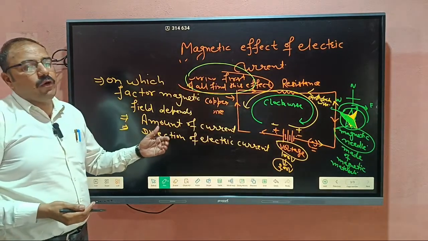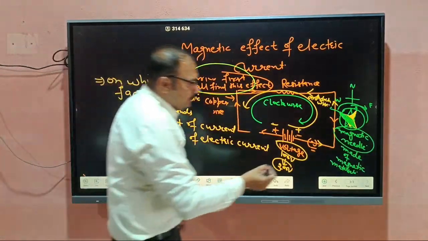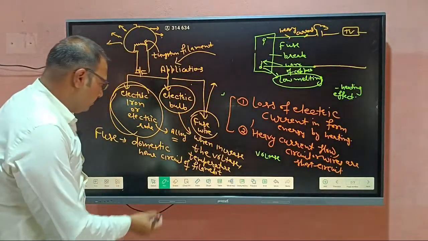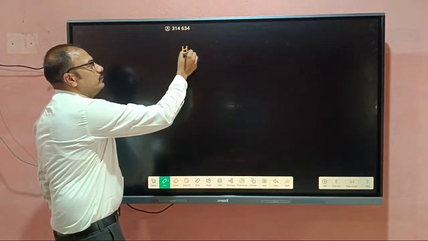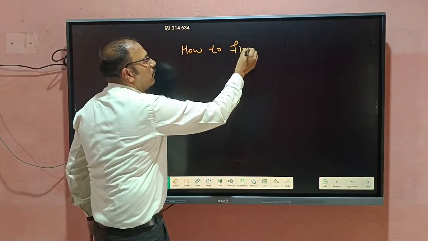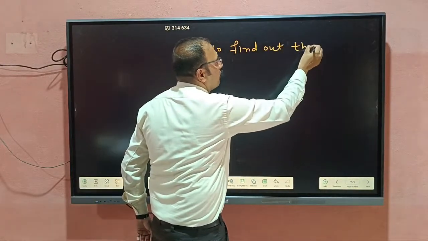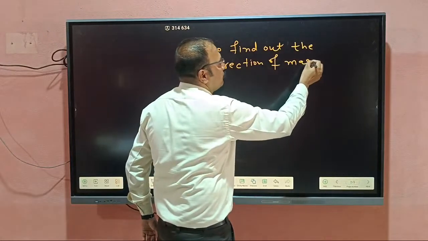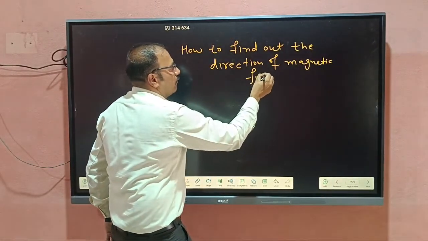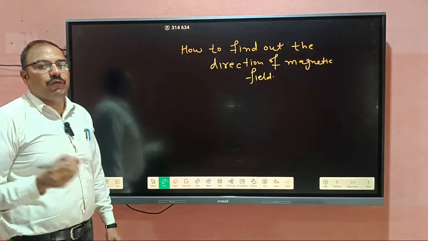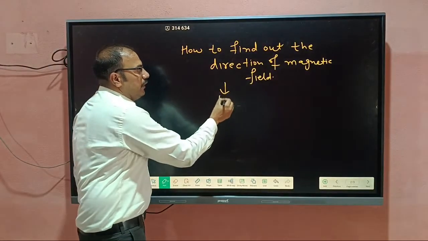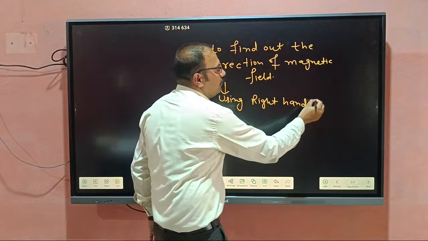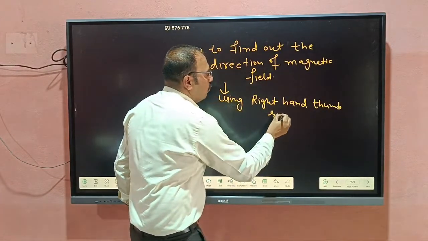Second, how to find out the direction of a magnetic field? The direction of a magnetic field can be found out using the right hand thumb rule.